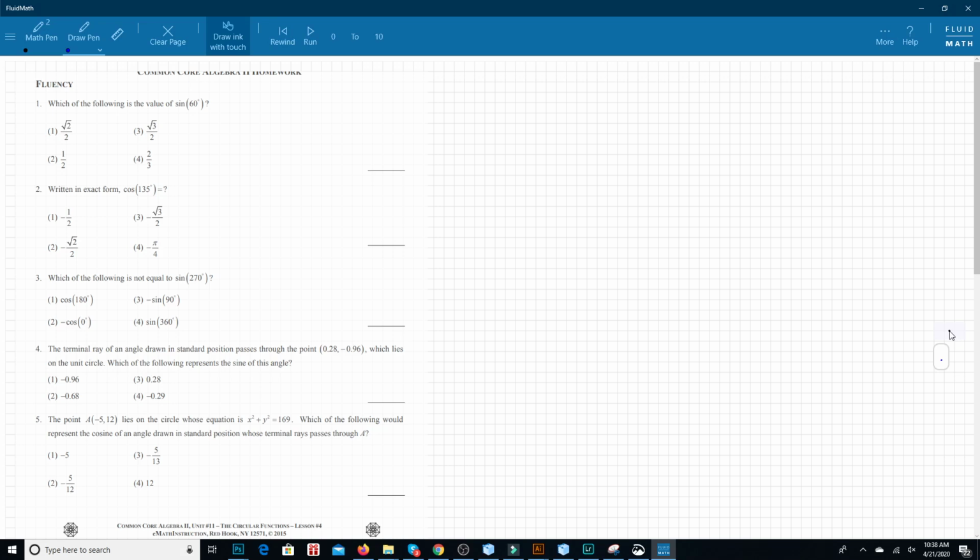So let's look at this right now. We're looking for the sine of 60, right? So we have the sine of 60. Keep in mind that the sine represents the y values, the y coordinate values. So if we're looking at 60 degrees right here on the unit circle, we're looking at the y values. So it's going to be radical 3 over 2.